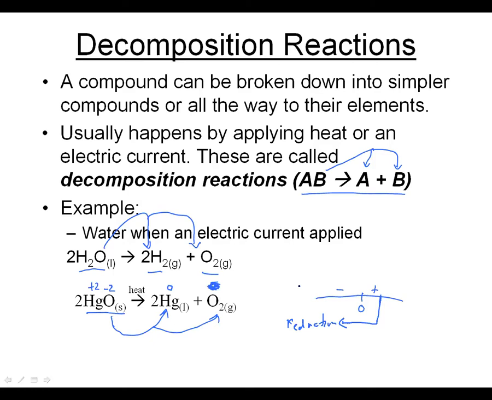And our oxygen is starting at -2 and going towards 0. And it is going through oxidation in this particular case. So this is, again, my 0 got a little scribbled on, I apologize. There we go. And again, these are also redox reactions.